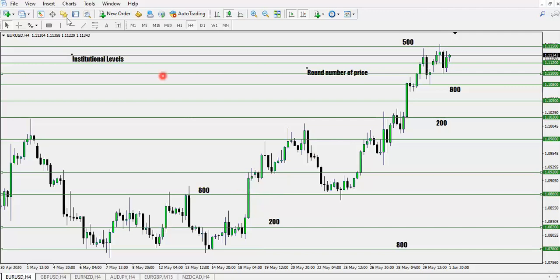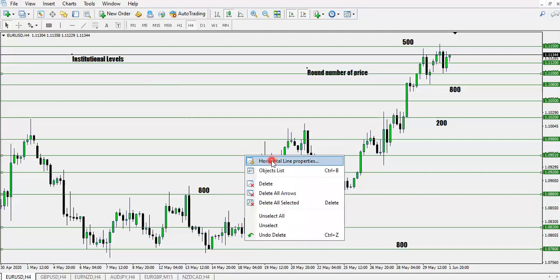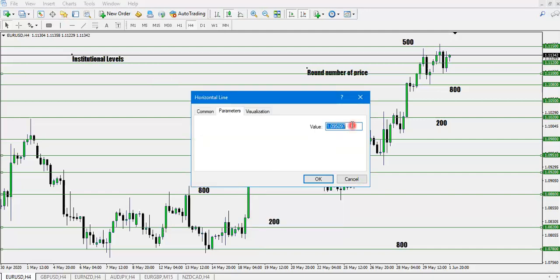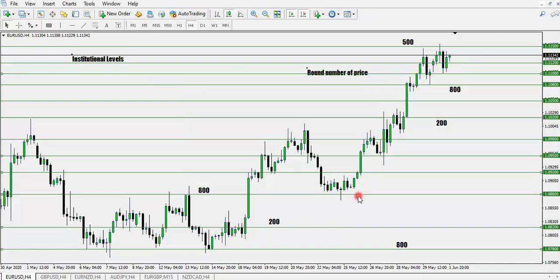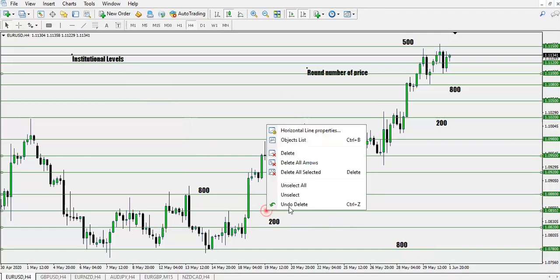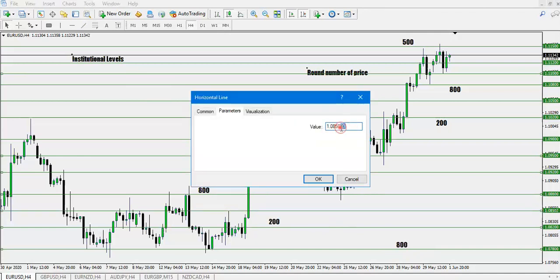Price rallied up and we left out our 500 level. So that is our 500 level. Here we have our 800 level, our 200 level, and we missed one here, our 500 level. So that is our 500 level.